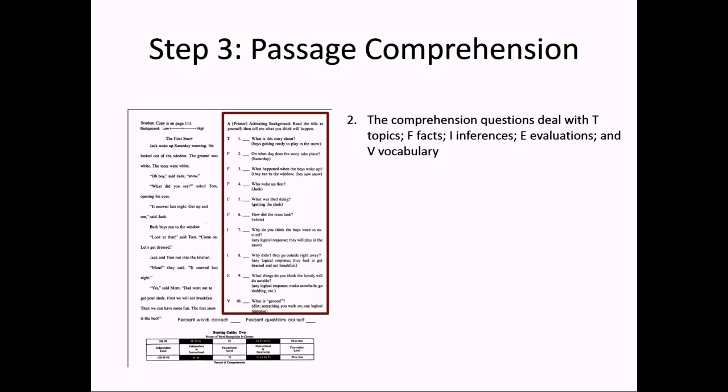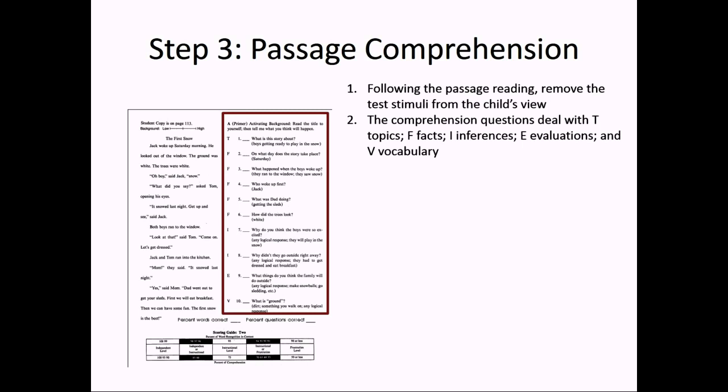And again, you can use your judgment on whether the child's answer is an acceptable answer. What is the story about? Boys getting ready to play in the snow. On what day does the story take place? Saturday. Factual information. Why do you think the boys were so excited? This was an inferential question. So again, you're getting some qualitative information on what kinds of questions the child is having difficulty with.